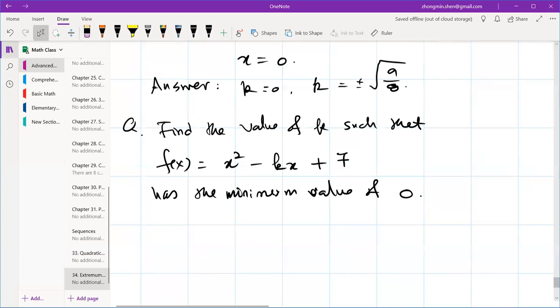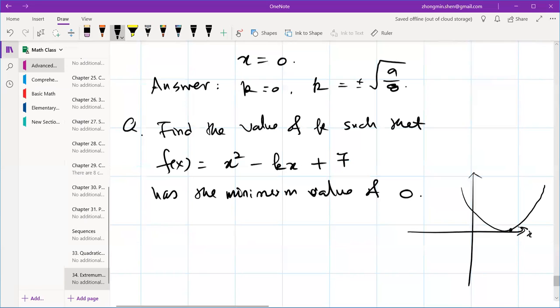If the minimum value is 0, that means the graph touched the axis at one particular point somewhere. You don't even know that point yet. The minimum value could be -1, but right now, somewhere here.